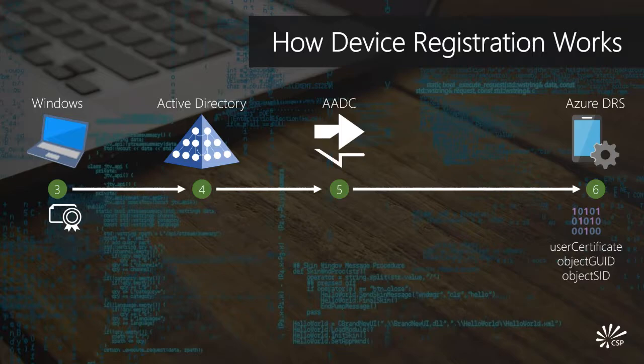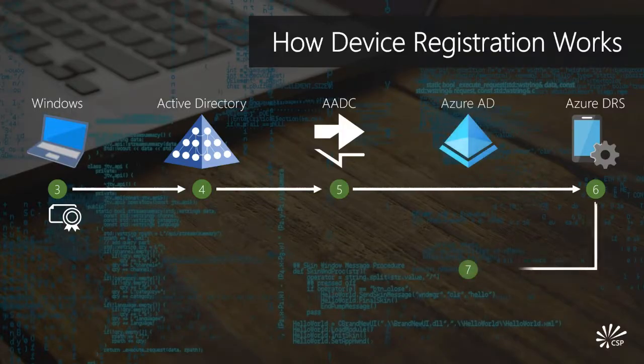But if this is an existing device that's already been synchronized in the past, this really just updates that existing object in Azure AD to include the new attribute value for the userCertificate.